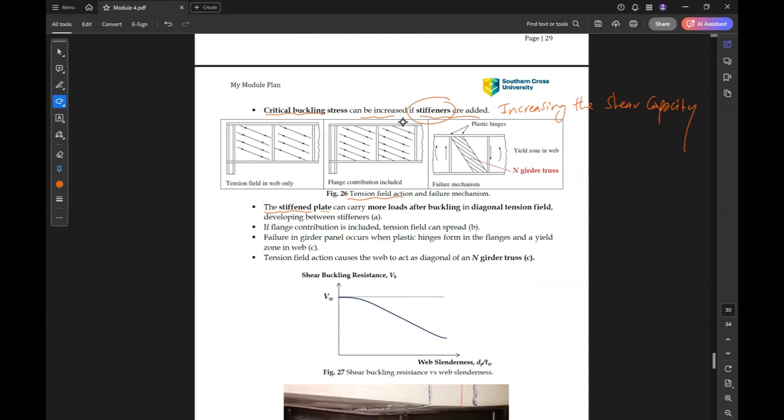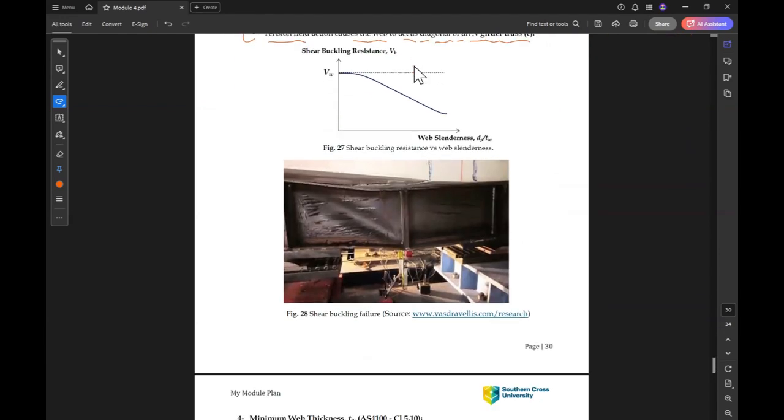The stiffened web can carry more load after buckling, with a diagonal tension field developing between stiffeners, similar to A. If the flange contribution is close, then the tension field can spread like B. Failure in girder panels occurs when a plastic hinge forms in the flange and the yield zone in the web, similar to C. Tension field action causes the web to act as the diagonal of a girder truss.